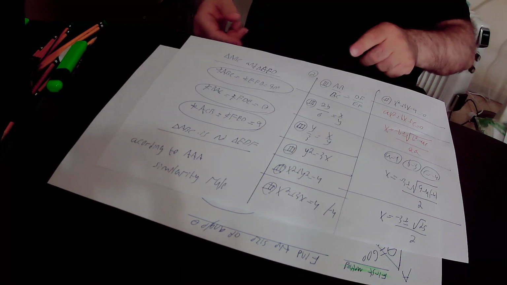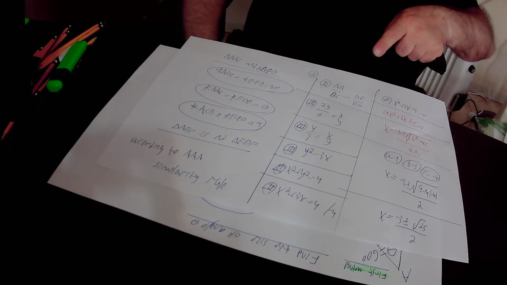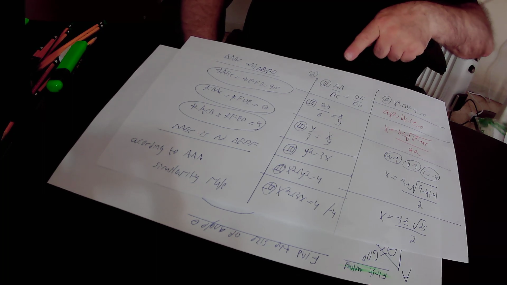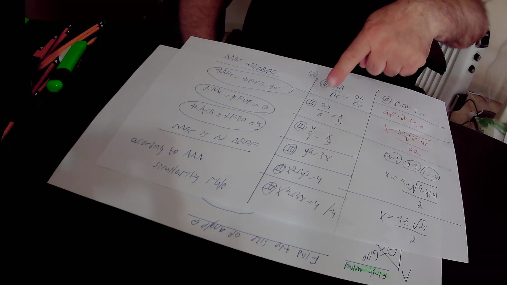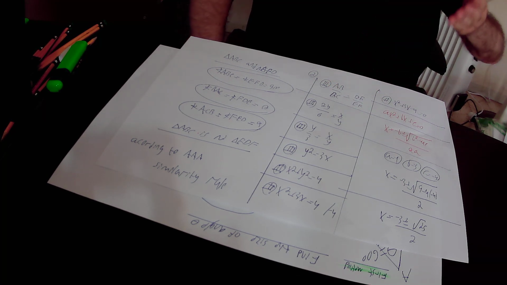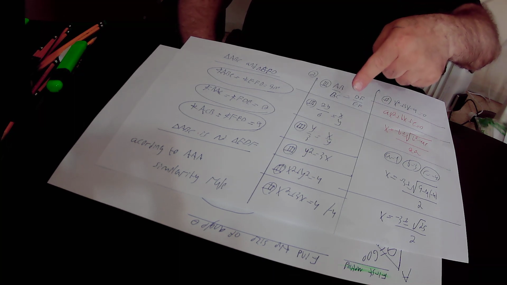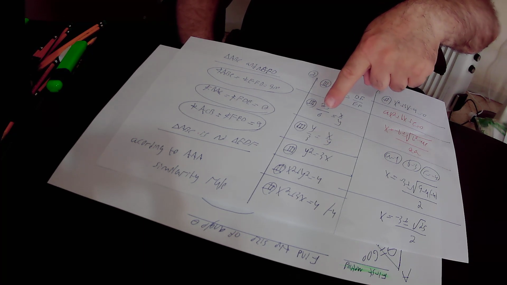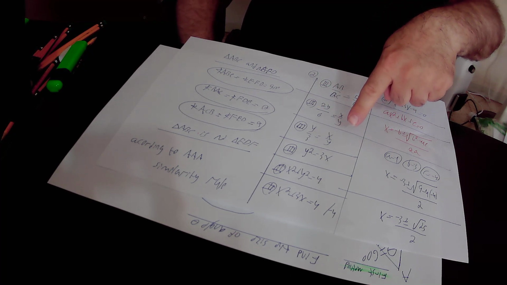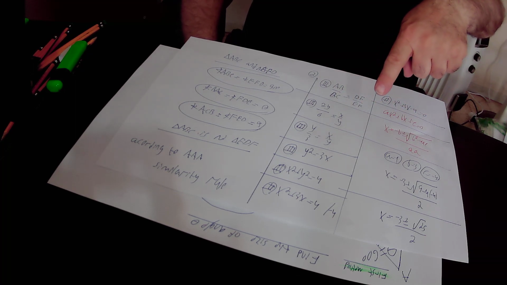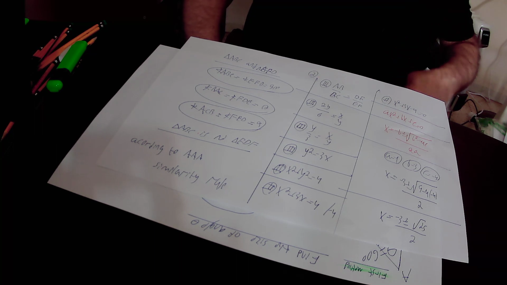AB equals 2y, BC equals 6, DF equals x, and EF equals y. So in conclusion, we found that 2y over 6 equals x over y. We divided both the numerator and the denominator of this side of the equation by 2, and we got y over 3 equals x over y. We cross-multiplied, and we found that y squared equals 3x. Okay?